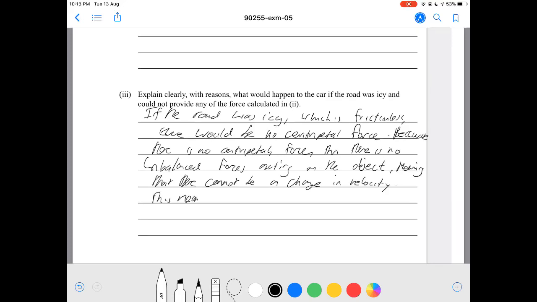This means that the car would now have a constant velocity, both magnitude and direction.